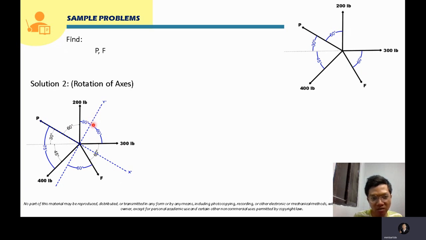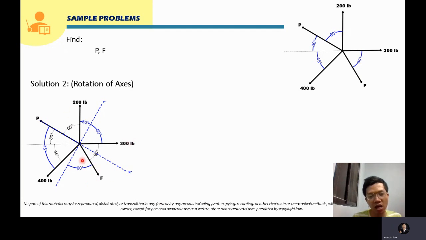So this is a straight line, so this is 180 degrees. So 180 minus 60 minus 60, it should be 60 degrees. So our force F is 60 degrees from the vertical. Okay, so we already found the angles for each force in this system.